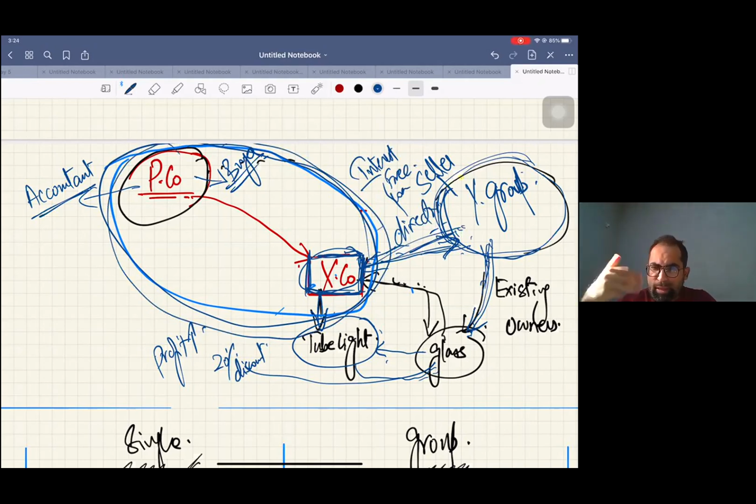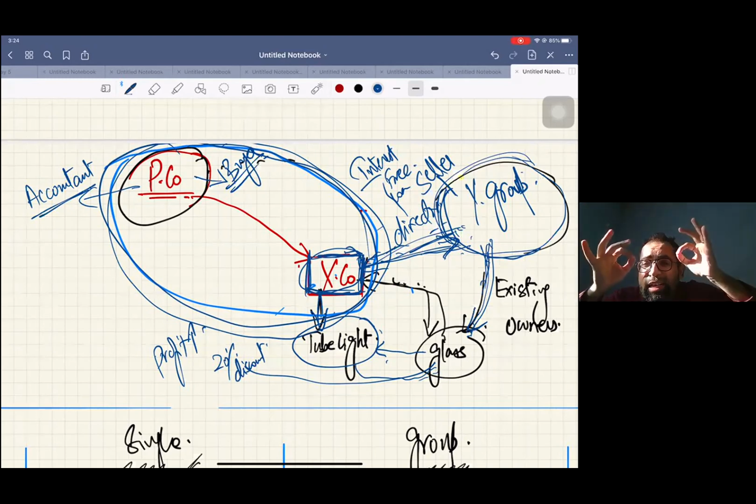Third thing, I'm giving you ideas on how in practical life you deal with situations. You are buying a running business of a company. There is a possibility that X company is highly dependent on a few employees, like hospitals.